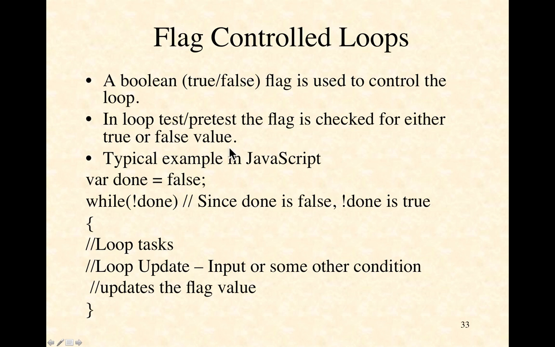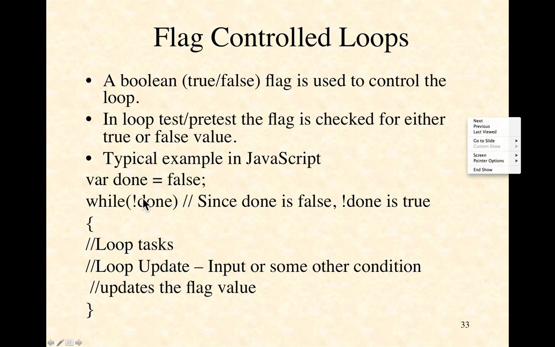The typical example in JavaScript would be something like this: I set var done to false, and then check for not done. Since false was the value here, not false will be true, because the negation operator turns true to false and false to true.